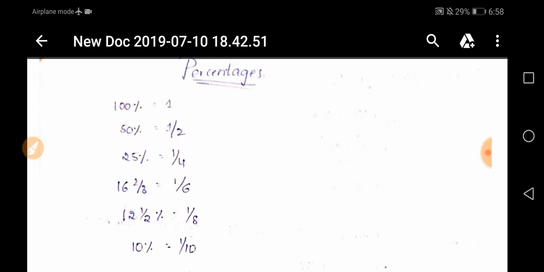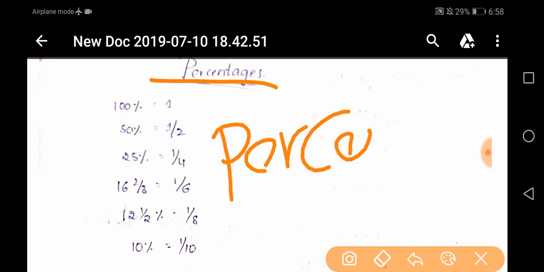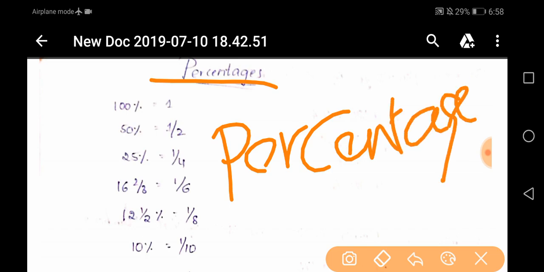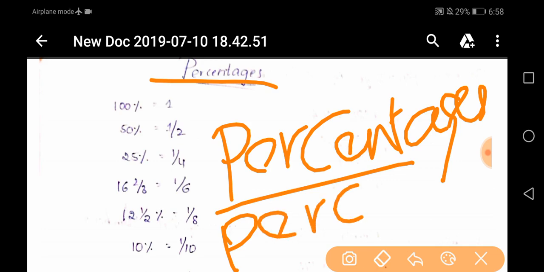So coming to percentages, what is meant by percentages? See, from the word itself, it is percent. Cent is nothing but 100, right? So per hundred.